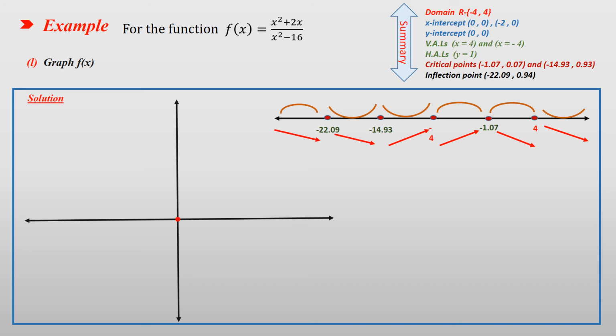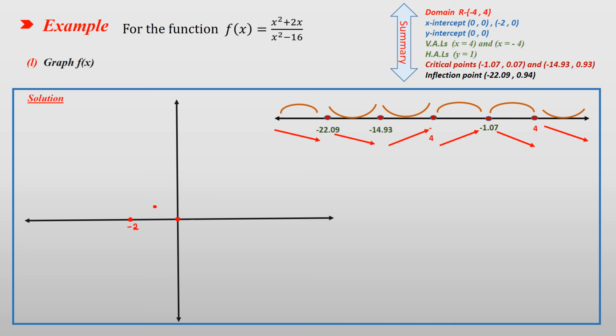We also have negative 2, 0. Then we have the point 0, 0, also the y-intercept. Also we have the point negative 1.07 with 0.07, which is the critical point, the first one, almost here. This is the critical point.